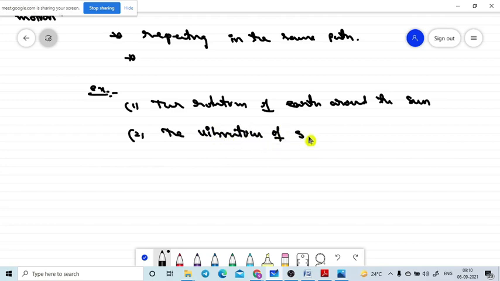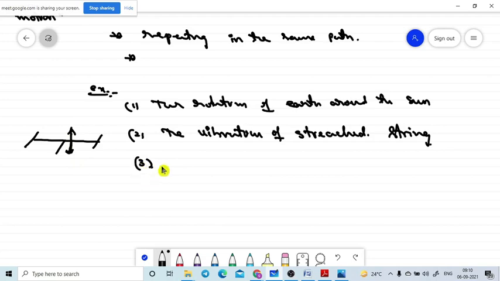If we take a violin or guitar, the wire looks like a stretched string. If you vibrate it, it moves to and fro, and in equal intervals of time the vibration is the same. That is a periodic motion.